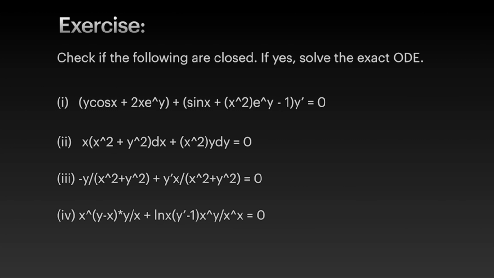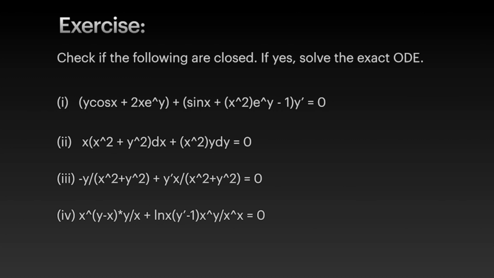So x power 4 by 4 is just in x, so that's a constant with respect to y, and the derivative is 0. Plus x square into y square by 2, we get the 2's cancel and we get y into x square, plus we get the first derivative of k with respect to y, k dash y. Now x square y cancels from both sides of the equation, so we get k dash y equaling 0.